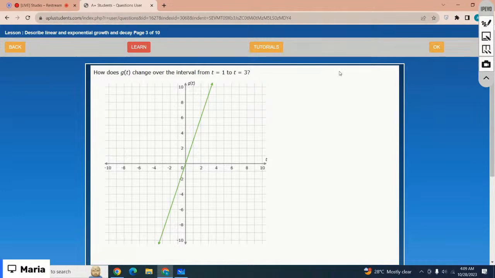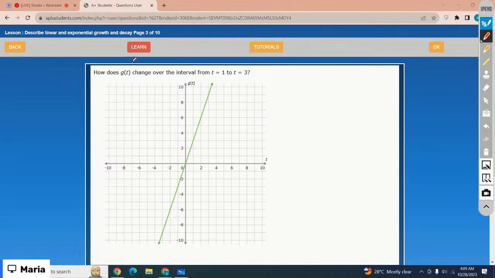How does g of t change over the interval from t equals 1 to t equals 3? So which is the correct option? When t equals 1, g of 1 equals 3.